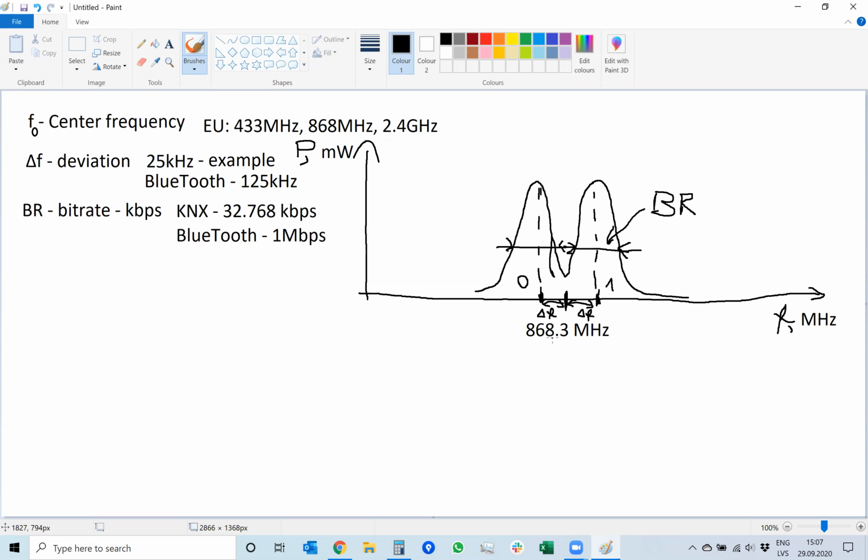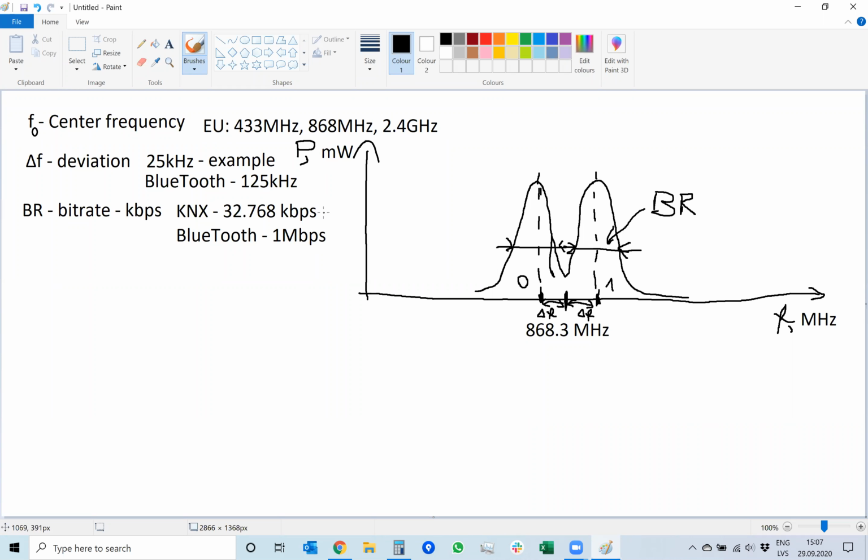Okay, so deviation is here and the bitrate is there. That is the bitrate. So as you can see, Bluetooth deviation, the distance between peaks, is 125 kilohertz, but the width of the signal is 1 megahertz.